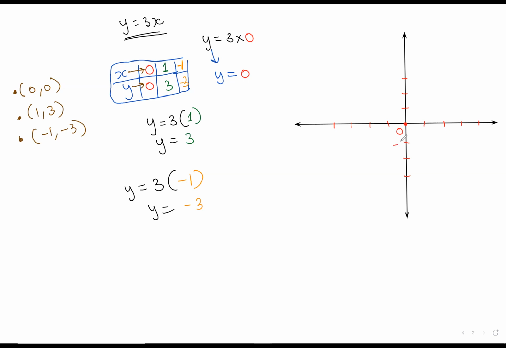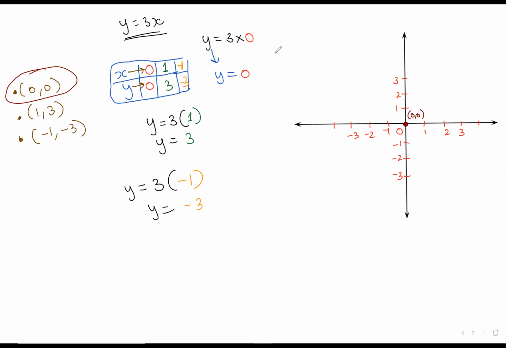Okay, so -1, -2, -3. So what's my first point, Miraj? 0, 0. What is 0, 0? It is the origin, isn't it? So I have plotted 0, 0. This is my first point.